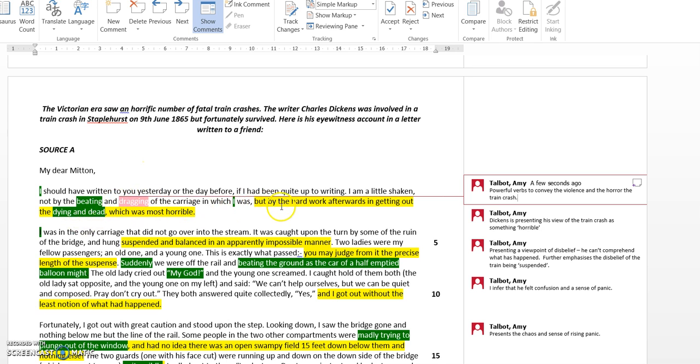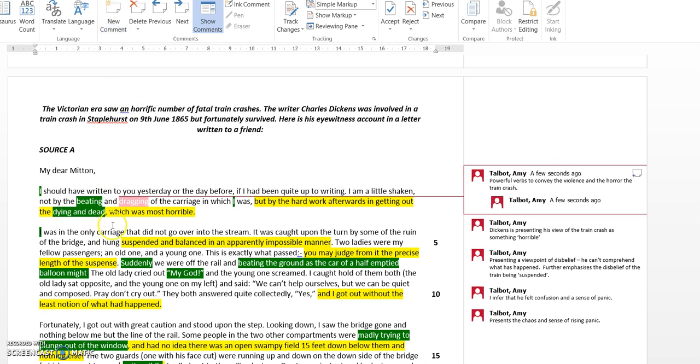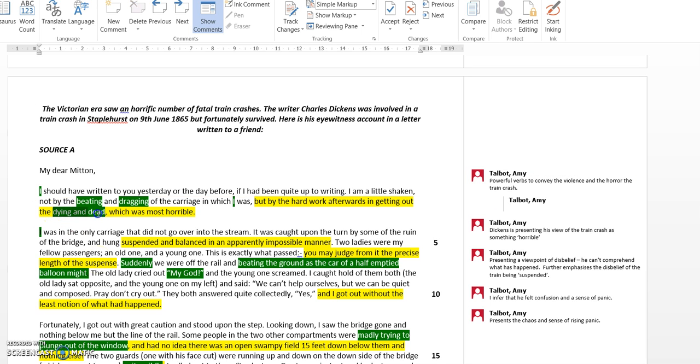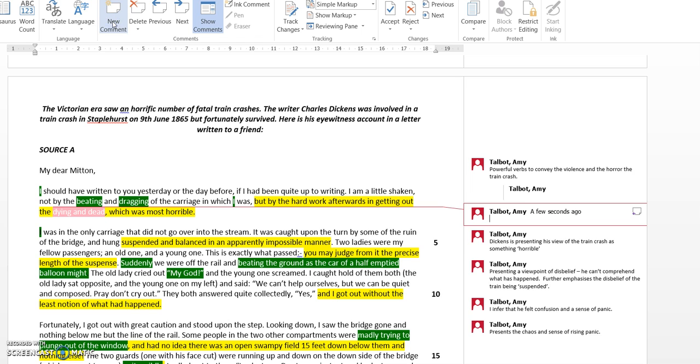And then he talks about the dying and the dead. So we've got a nice alliterative phrase there, and we can bring in a little bit more language analysis here. The dying and the dead: both those words start with that D. Alliteration is often used for emphasis. So what is he actually emphasising here?